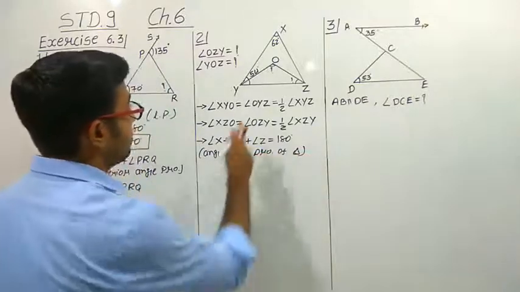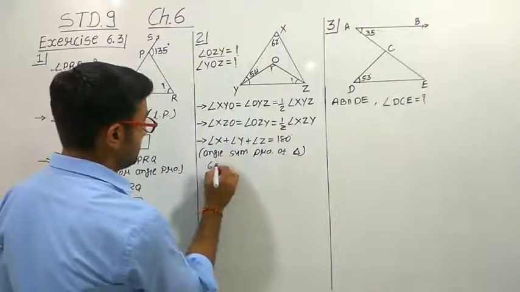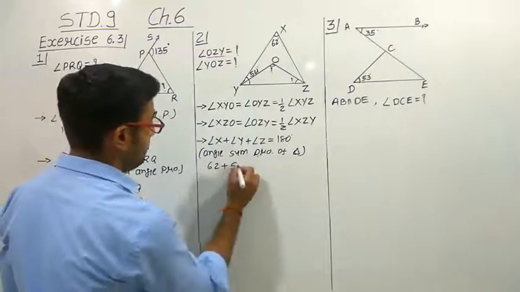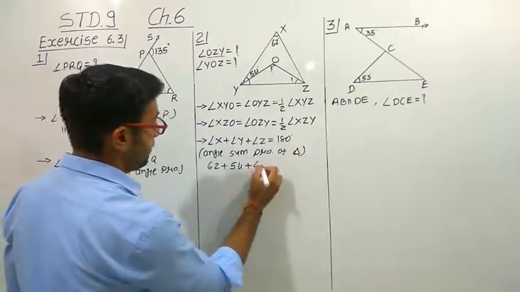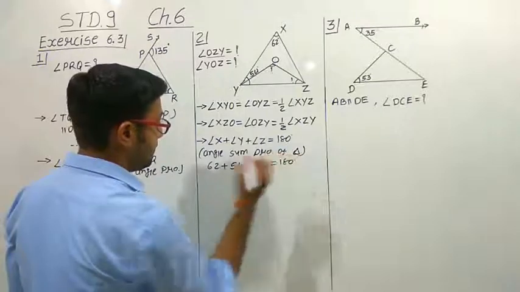Now put down all these values. Angle X is 62, angle Y is 54, and angle Z we have to find out. The total is equal to 180 degrees.